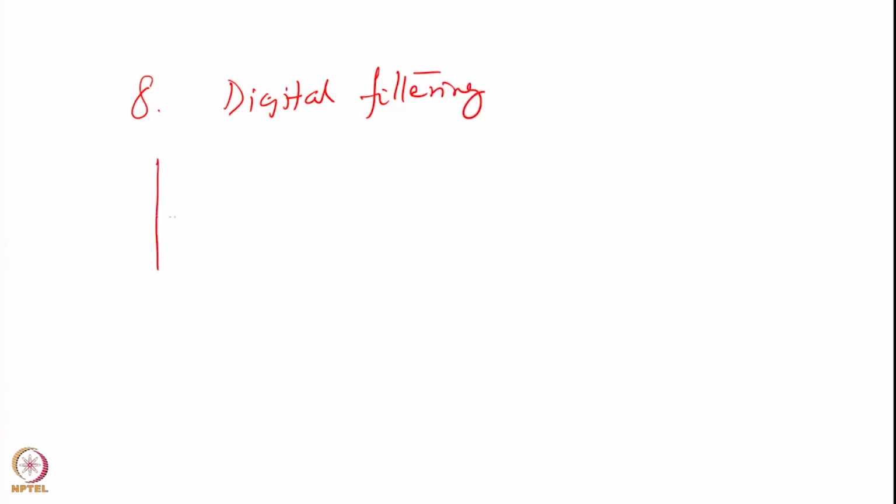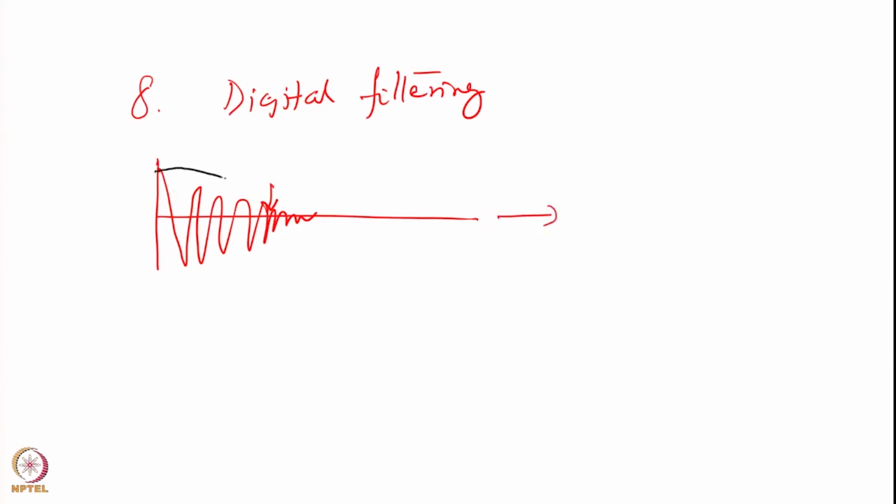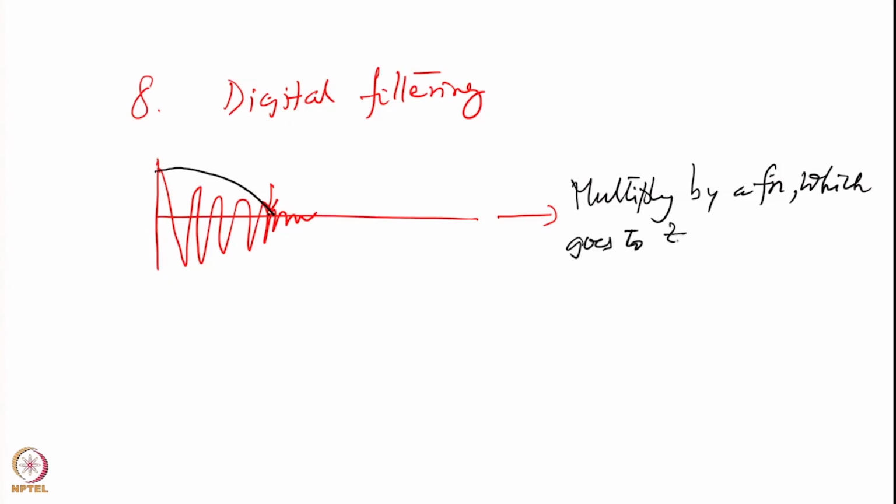What is the meaning of this? I will do the same thing again here. I have an FID which is going like that, and suppose I truncated the FID at this point. I will multiply it by a function which goes like this and brings it down to 0 exactly at the last data point.